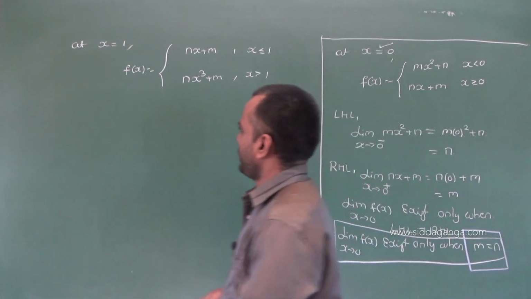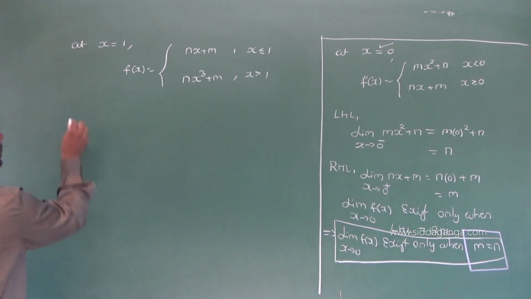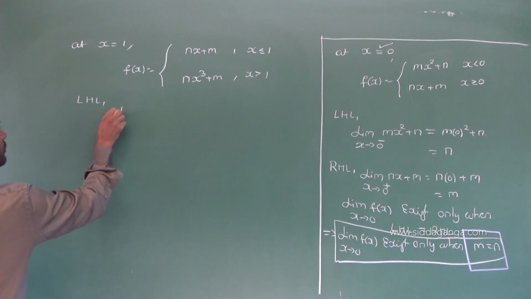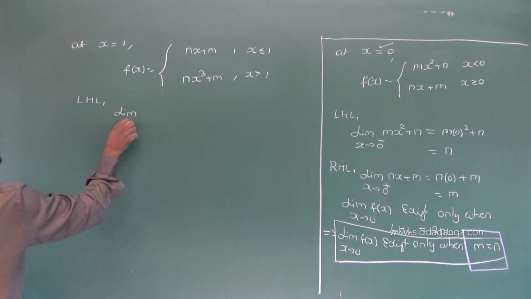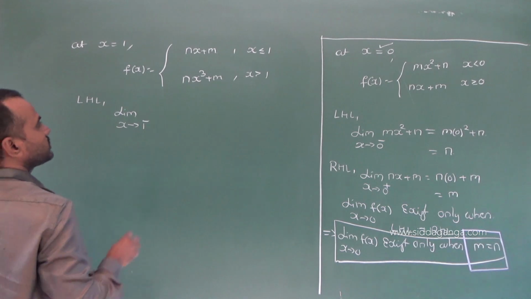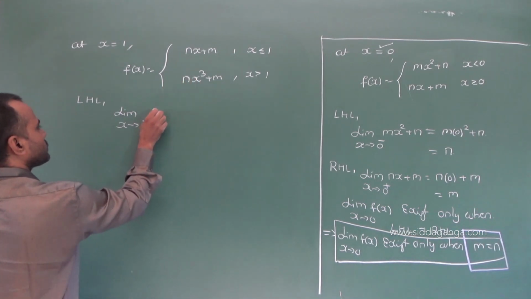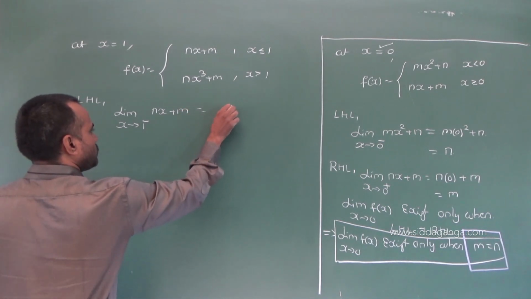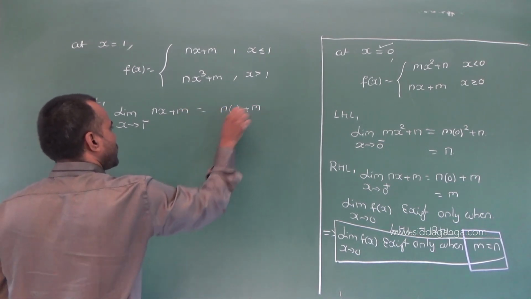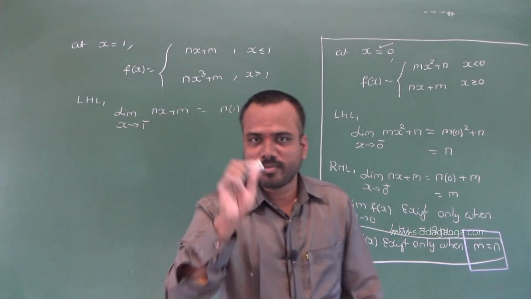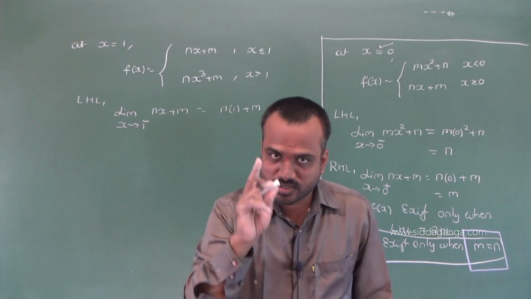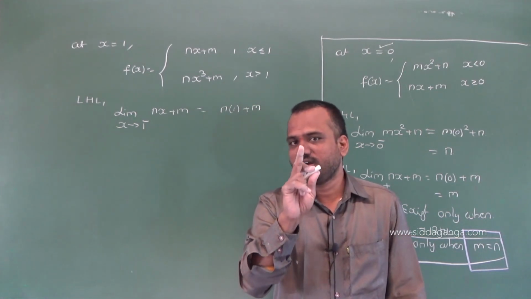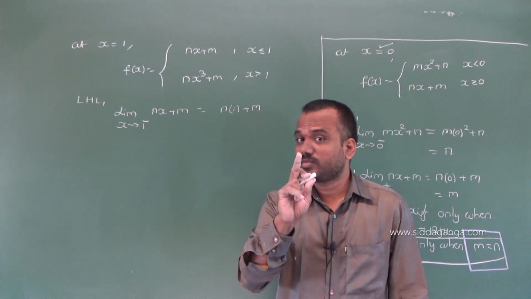Okay, so we find the left hand limit as well as the right hand limit. Left hand limit, x tends to 1 minus. We use the function nx plus m: n into 1 plus m. Not minus 1; 1 minus is the symbol meaning we are finding the left hand limit, we cannot substitute minus 1.